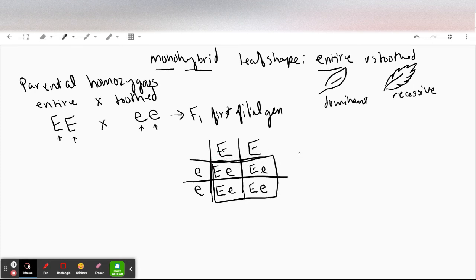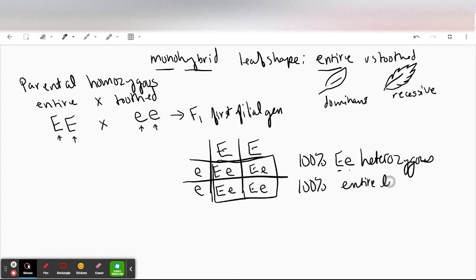They all have the heterozygous genotype, having one of each type of allele, and because big E is dominant to little e, they will all have the entire phenotype. So this is our genotype, the big E, little e, and our phenotype is what it looks like.